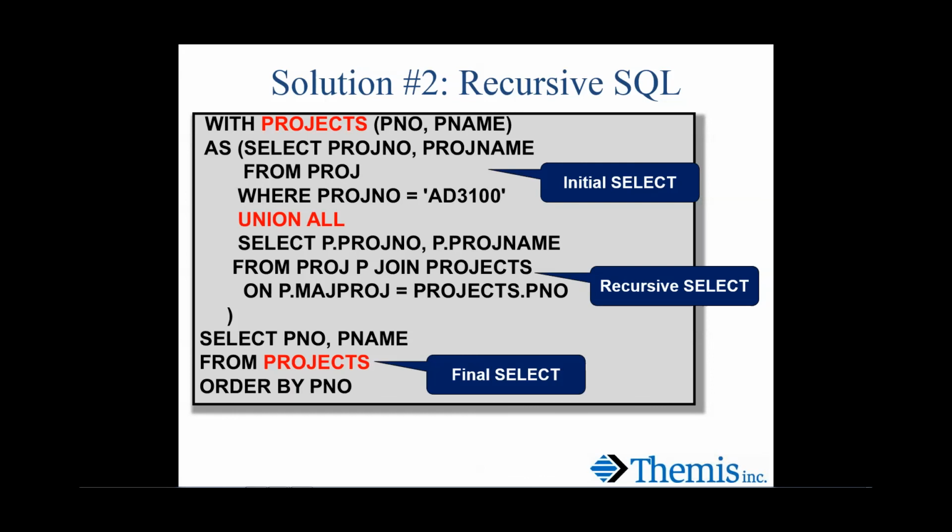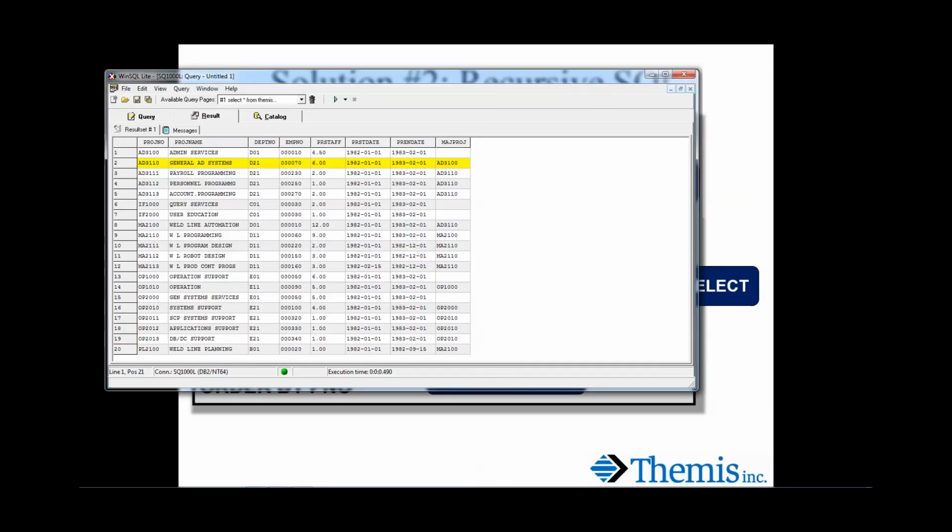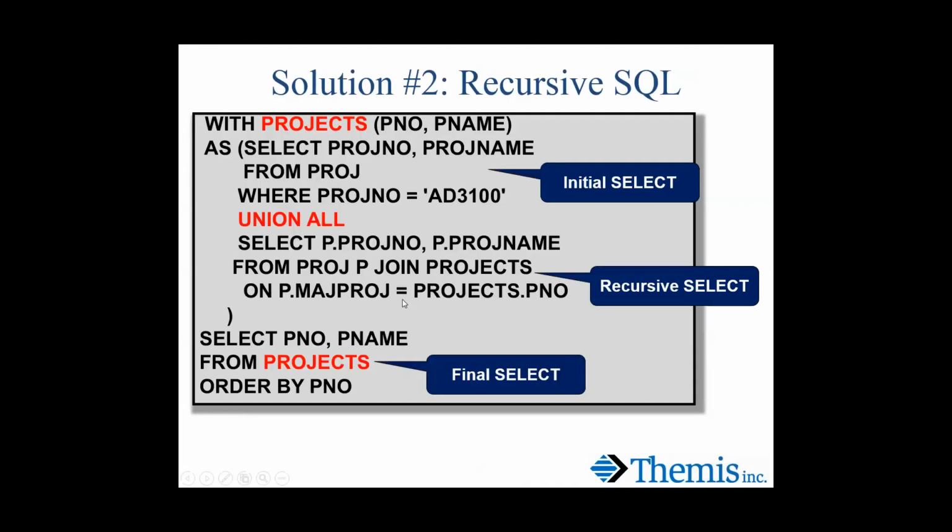So if I switch back to my data for a second here, what if AD3100's major project was AD3110? Right? So these two then would both be children of the other, and we'd be in an infinite loop. Right? So we have to be a little bit careful with this. This can actually lead you into infinite loops. Other platforms have fairly easy ways of avoiding that loop. With DB2, you actually kind of have to code it yourself.